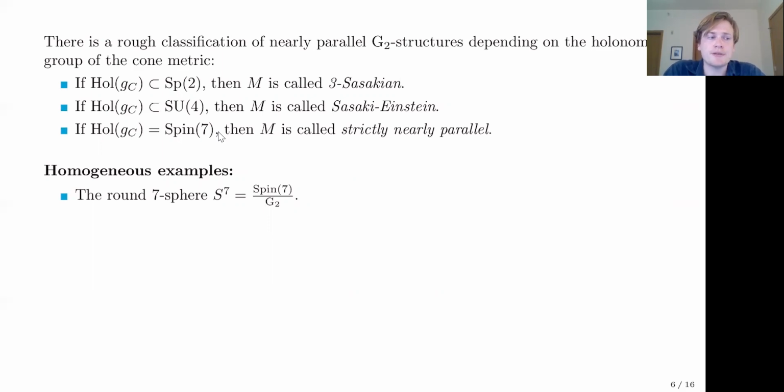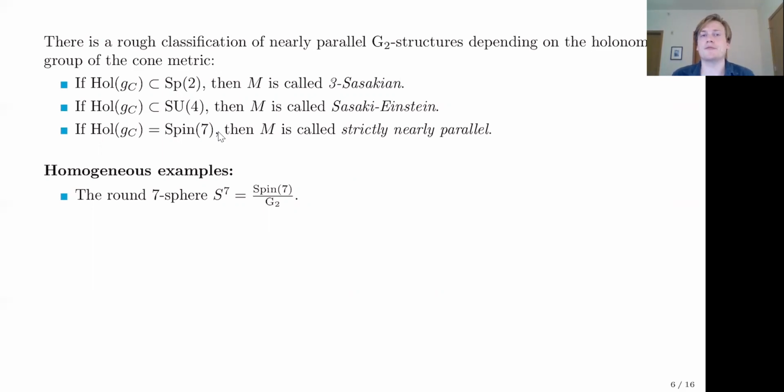So the simplest example is the round 7-sphere. You can present the round metric on the 7-sphere as a metric which is homogeneous under an action of Spin(7) on the 7-sphere, where the stabilizer is G2. So you can get a Spin(7)-invariant nearly parallel G2 structure on this manifold that induces the round metric.